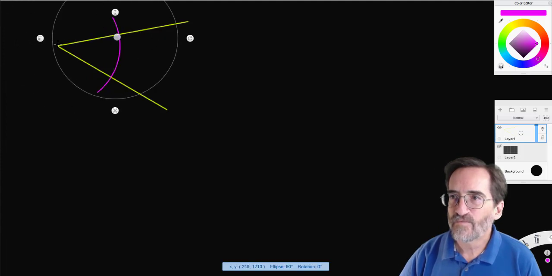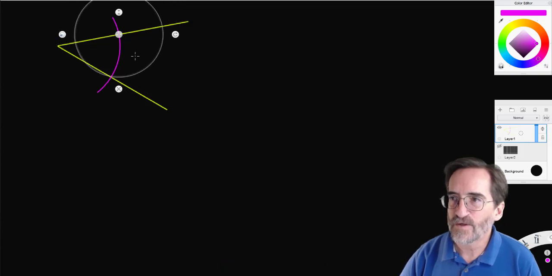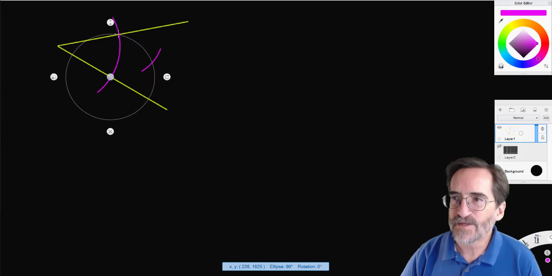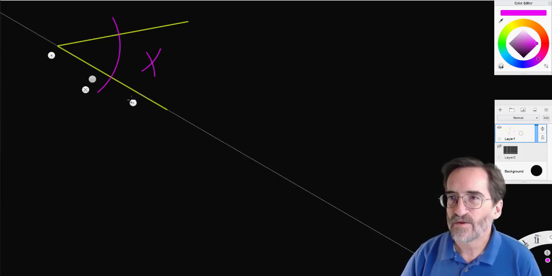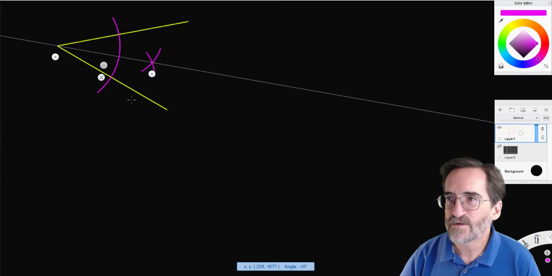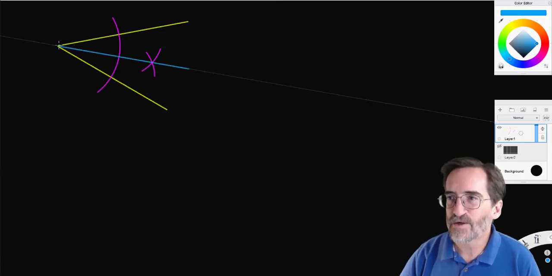And then putting your compass point at one of the intersection points, drawing an arc in the interior of the angle. We can change size right there if we want to. But then copying that same arc to the other intersection. That determines a new point through which we can draw the angle bisector. Okay, so that's a reminder of how to construct the angle bisector.